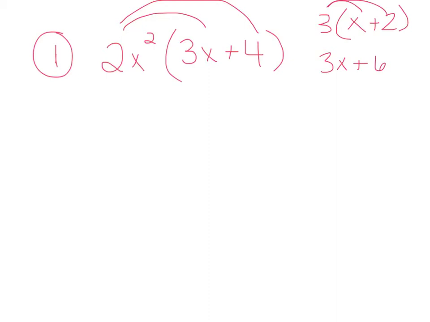We're doing the exact same thing. So now we're taking 2x squared times 3x to give me 6x to the third, because remember we multiply 2 times 3 and we add the exponents, and there's a 1 on this x when you don't see anything. And then we take 2x squared times the 4.